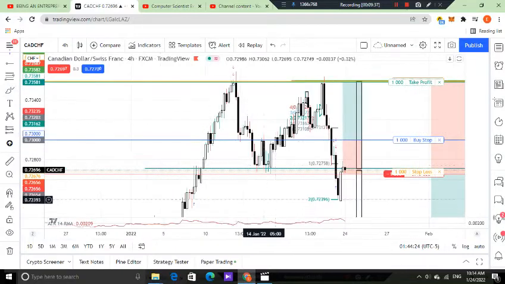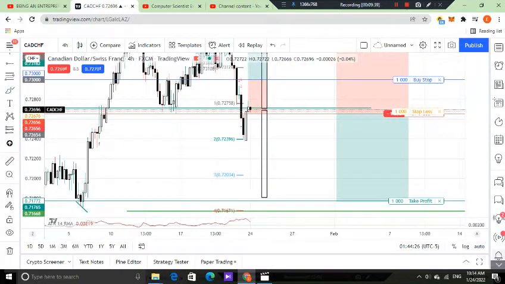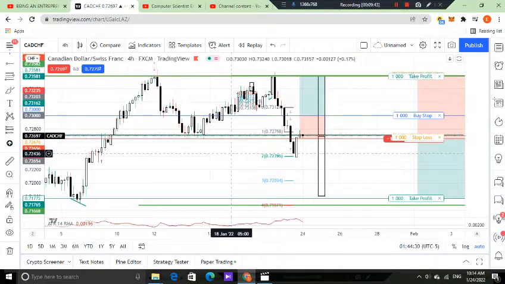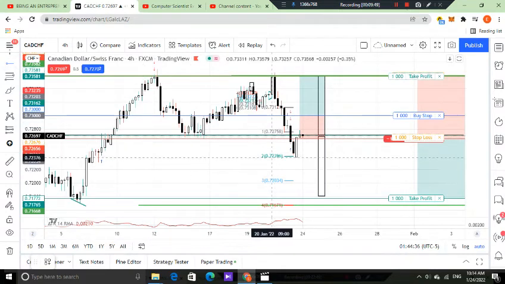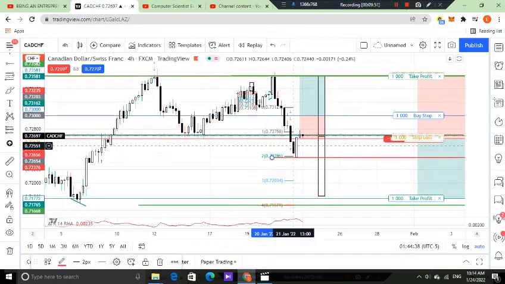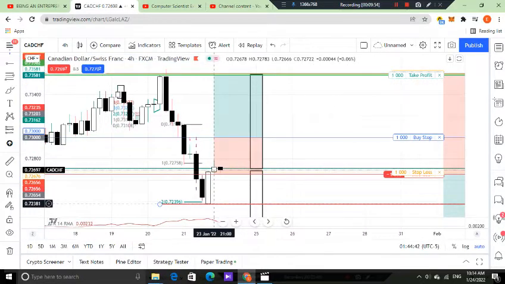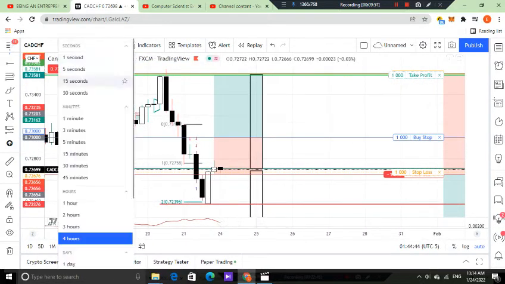So I'm kind of sure about it. So what I do is I see it in a higher time frame, I set an order, but in a lower time frame I can trade it till this bar and put my take profit at this point.